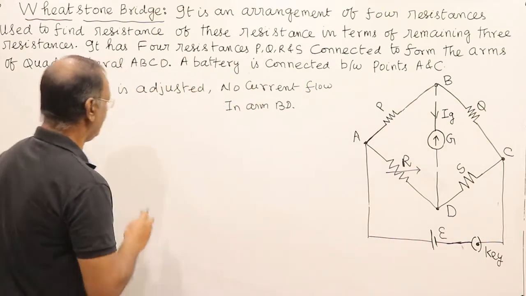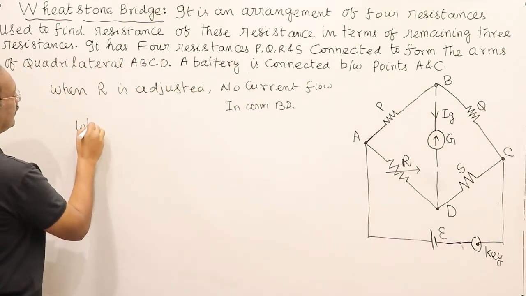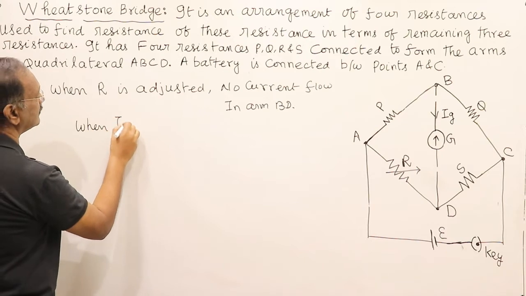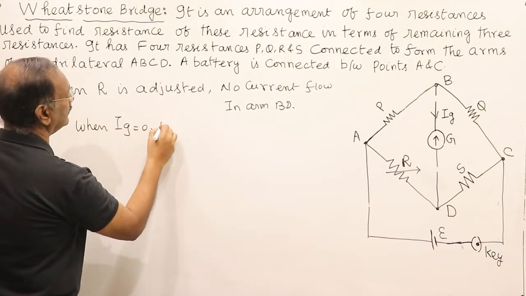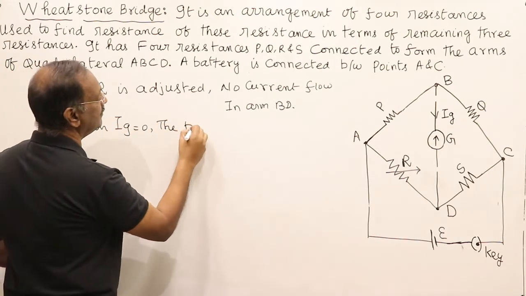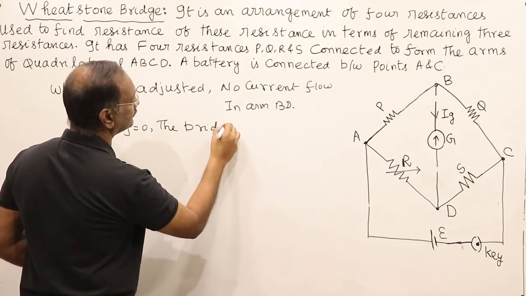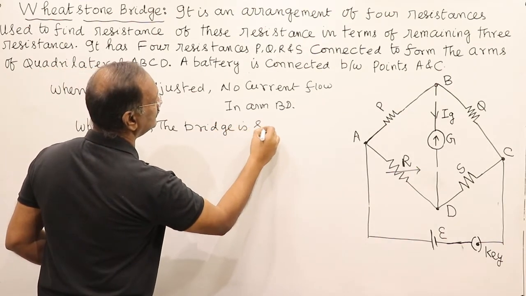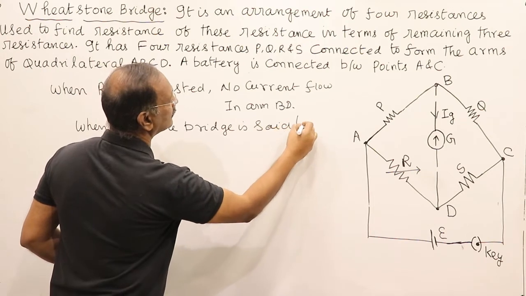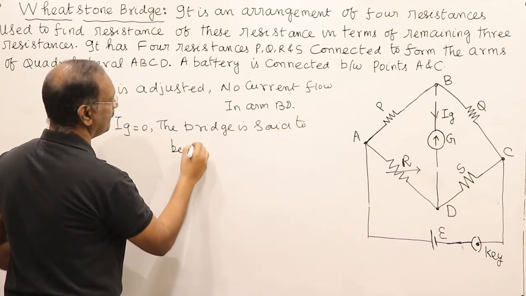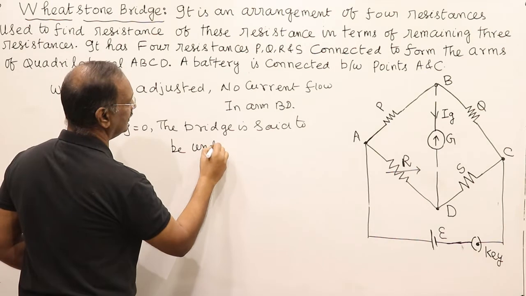Under this condition, when IG is equal to 0, the bridge is said to be under balanced condition.